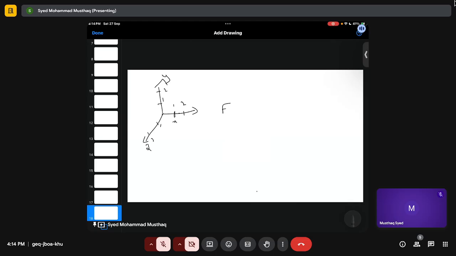And if I do the Fourier transform, this will turn into reciprocal space. This will be kx, this will be ky, this will be kz, this will be k1x, k1y, k1z.